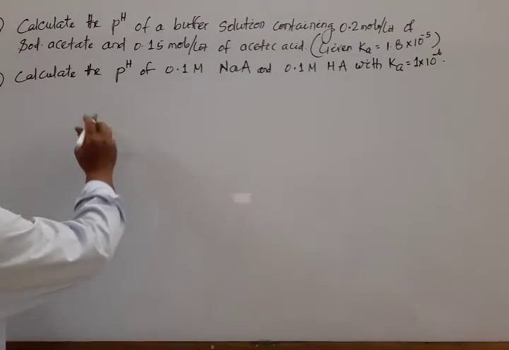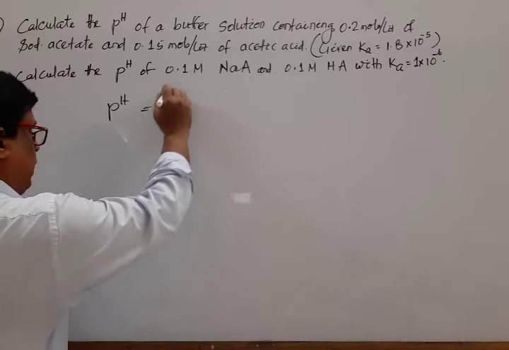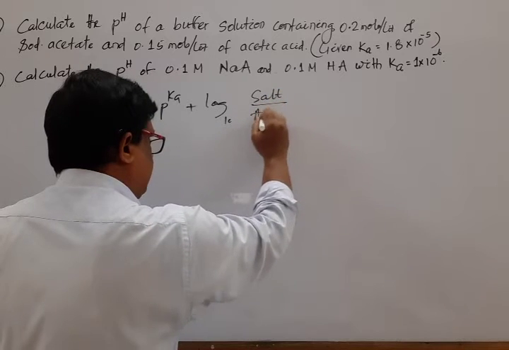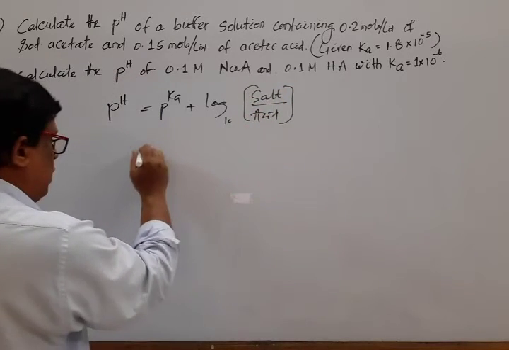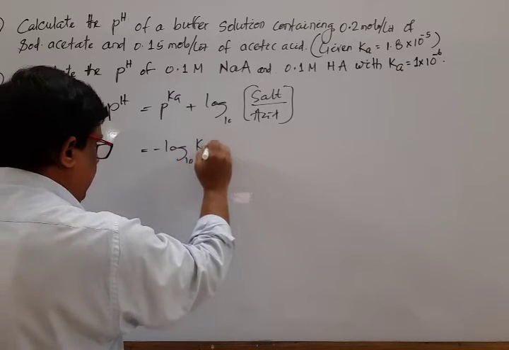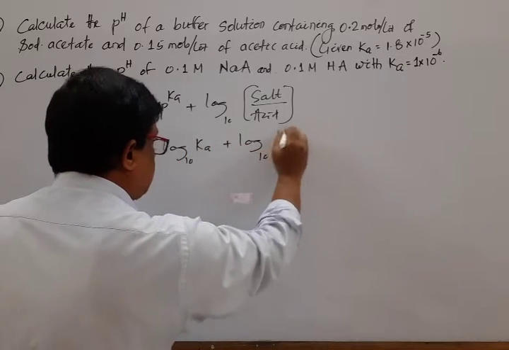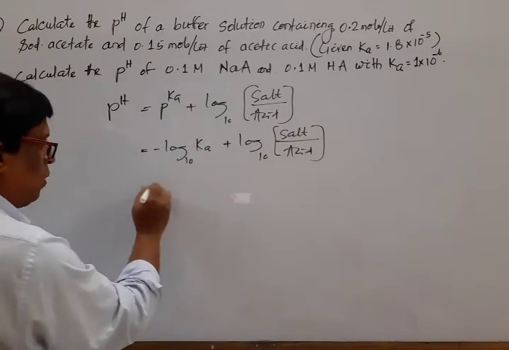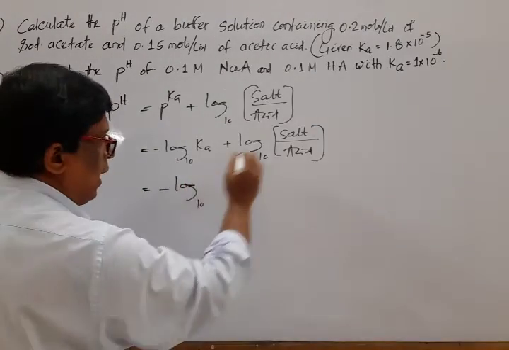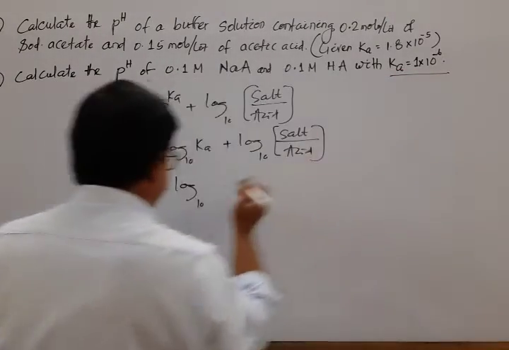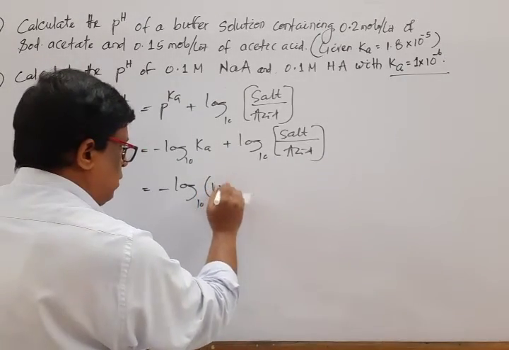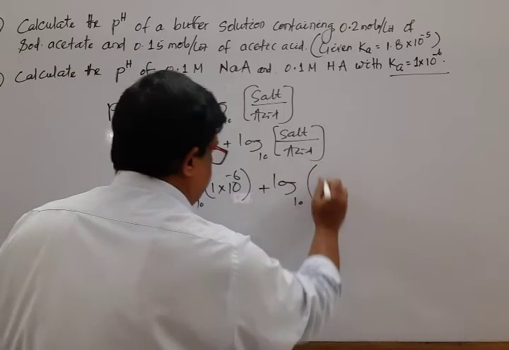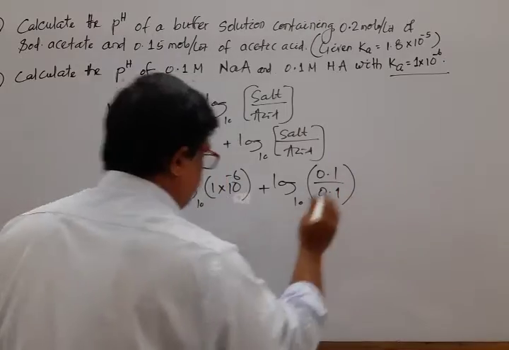So we calculate pH is equal to pKa plus log salt by acid concentration, which is equal to negative logarithm of Ka plus log salt by acid concentration. Ka value is given, that is 1 into 10 to the power minus 6, plus log 10 concentration 0.1 by 0.1.